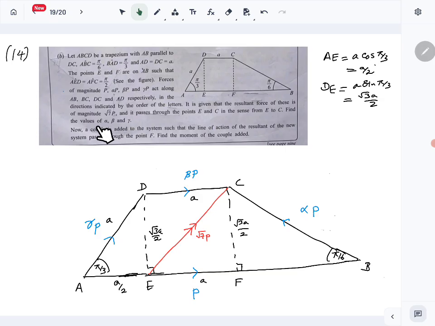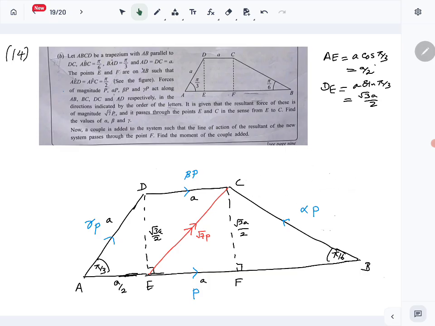Now we want to find alpha, beta, and gamma values. We have three unknowns, so that means we have to create three equations. We can do that using moments and vertical components and horizontal components of the forces.